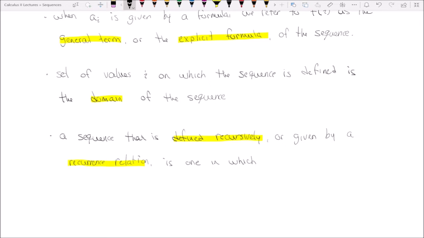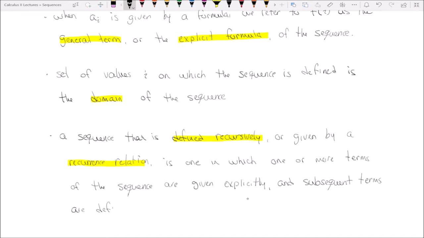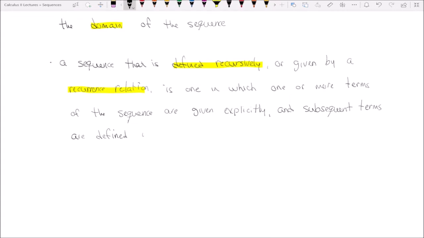So a sequence that is defined recursively is one in which one or more terms of the sequence are given explicitly, and subsequent terms are defined in terms of earlier terms in the sequence.